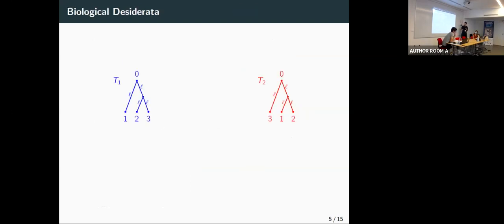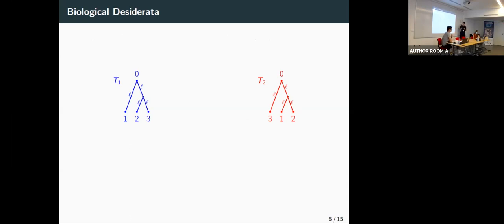All right, so now let's consider an example why we are motivated to define maybe different phylogenetic tree space. It's a little different from Tom's example. So let's consider these 2 trees here, T1 and T2, in blue and red respectively, with positive edge lengths L and the same edge length on each edge.